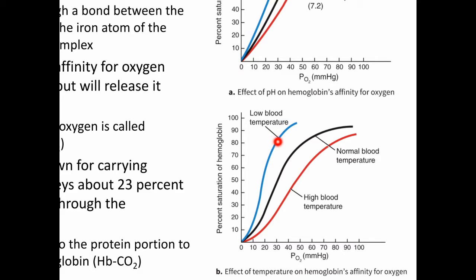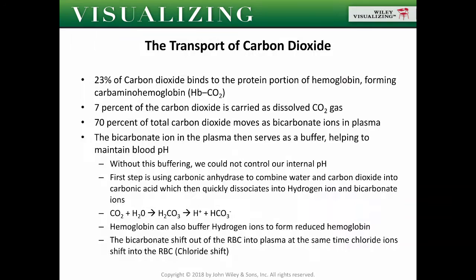The lower temperature has higher affinity for oxygen, and the higher temperature inside the tissues and cells of our body lowers the affinity of hemoglobin for oxygen. So at low temperature, the hemoglobin has an easier tendency to pick up oxygen, whereas at higher temperature, it is easier to release the oxygen inside our cells. So those are the effects of temperature and pH.